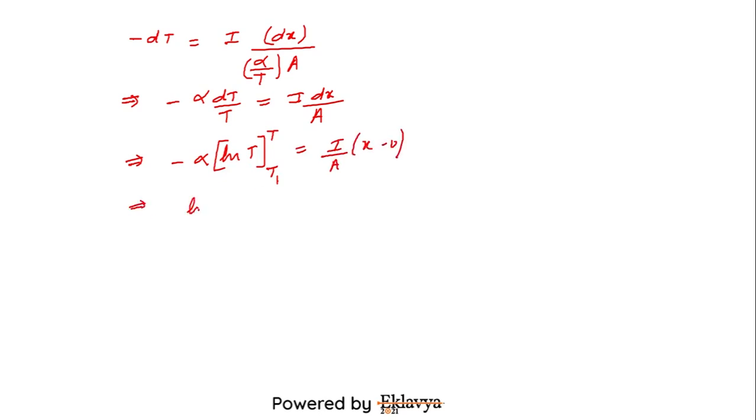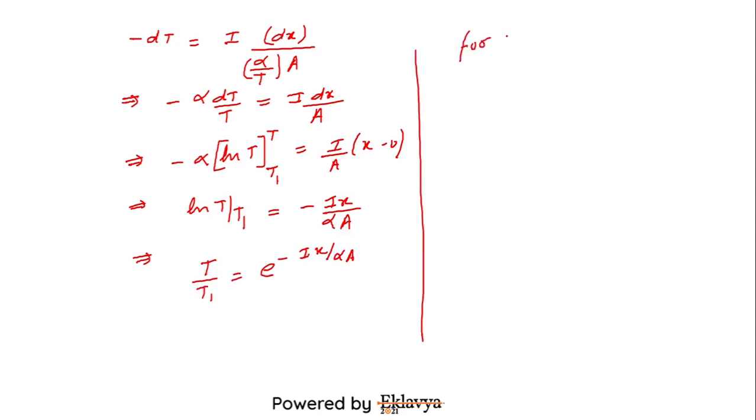So this means that ln T by T1 will be equal to minus Ix by alpha A. And this also means that T by T1 will be equal to e raised to the power minus Ix by alpha A. Now for x equals L, we know that T will change to T2. So this means that T2 by T1 is equal to e raised to the power minus IL by alpha A.